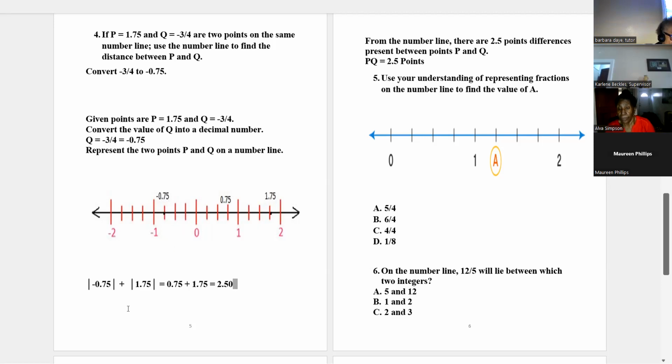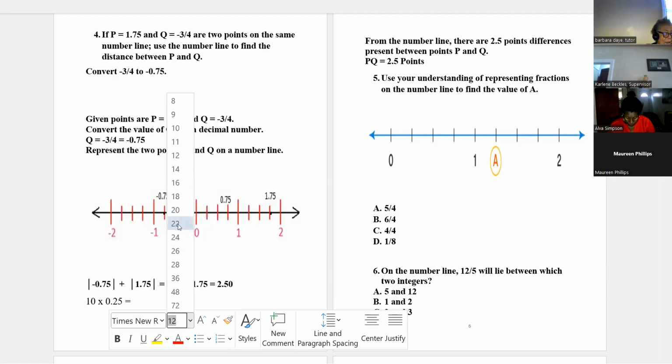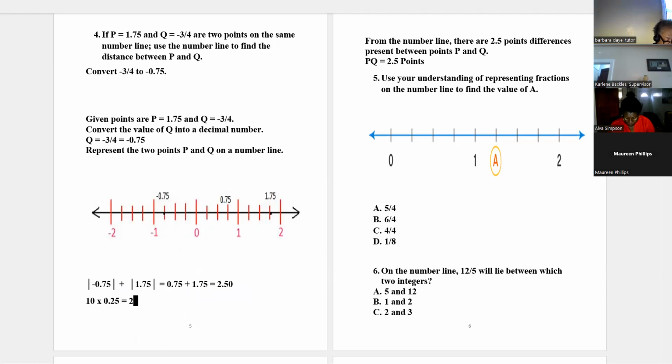So if you moved 10 places, then 10 times 0.25. And what's that equal to, Maureen? 10 times 0.25 is what? 2.50, that's right, 2.5, same thing.